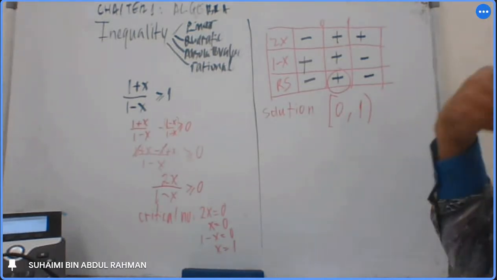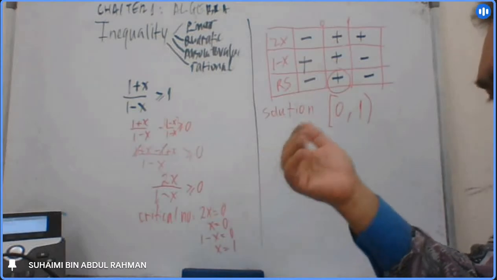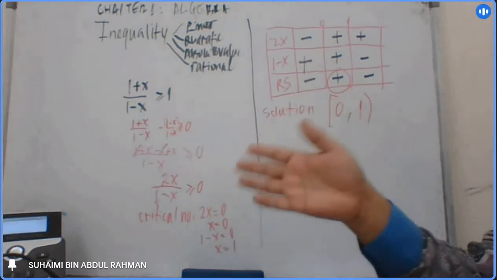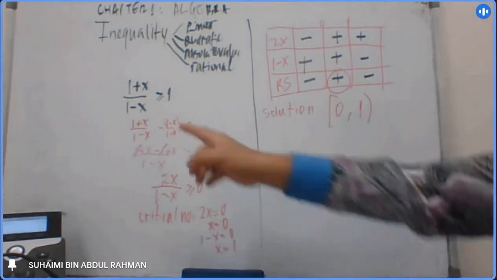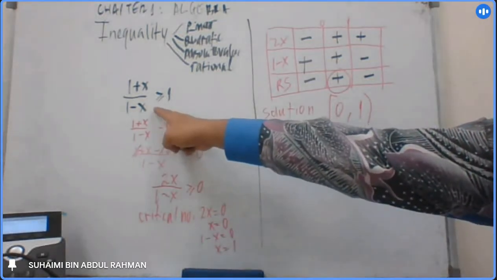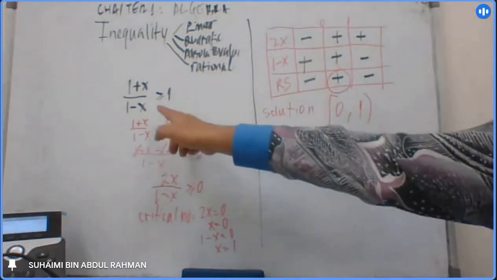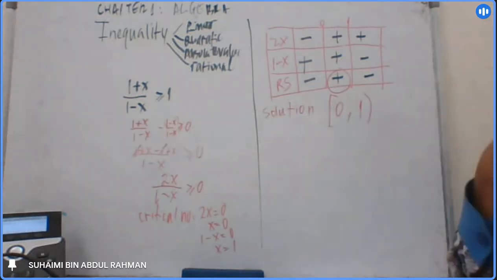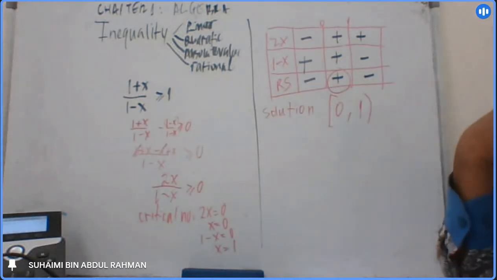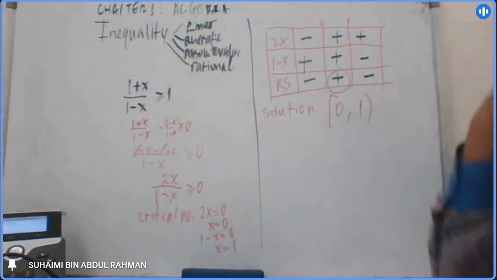If you look at the previous examples, they were only quadratic, so we had no denominator. In the case of rational, we have a denominator, therefore we have to be careful.